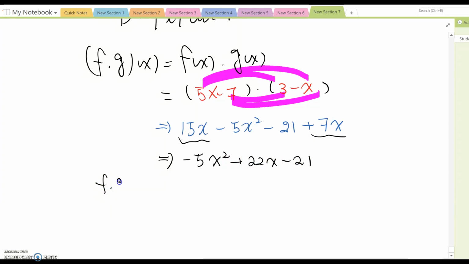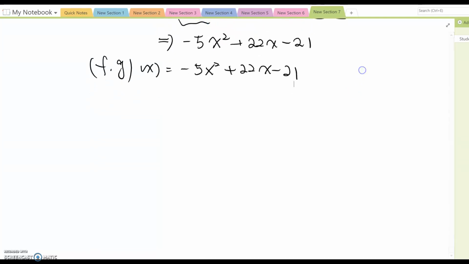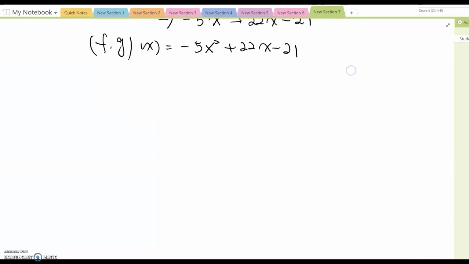So (f times g)(x) becomes negative 5x squared plus 22x minus 21. This is a parabola function, so the domain is all real numbers as well.